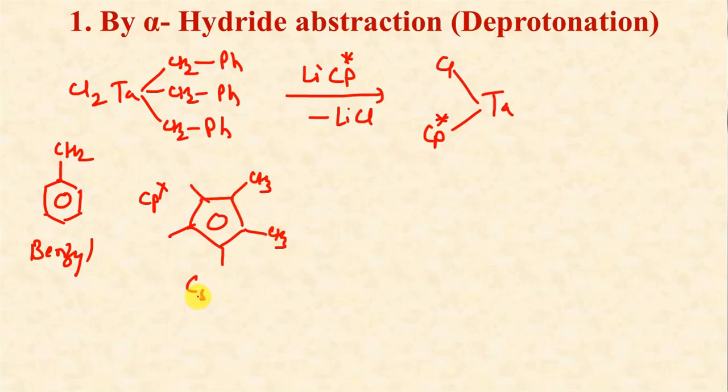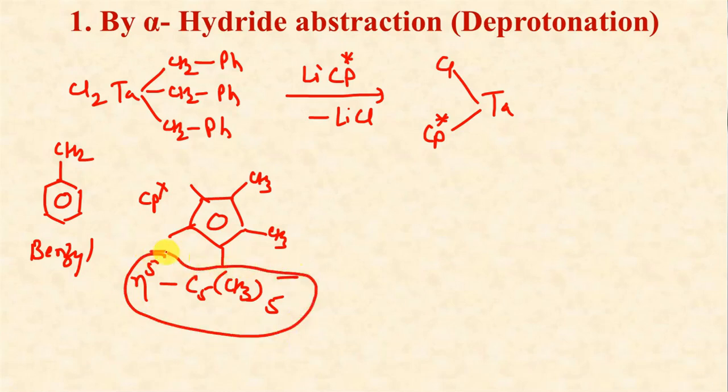So actually it is C5(CH3)5 negative. Still the hapticity is 5. It is a 5 electron donor in neutral method of counting the electrons. So this is Cp star. As compared to Cp, this Cp star is much bulkier and will cause more steric repulsions.